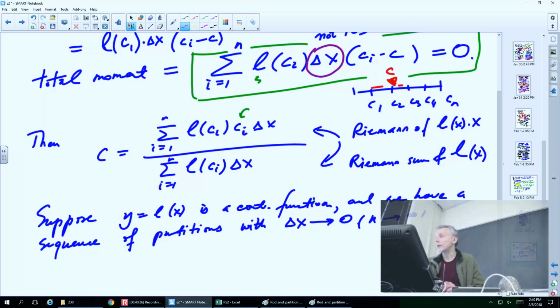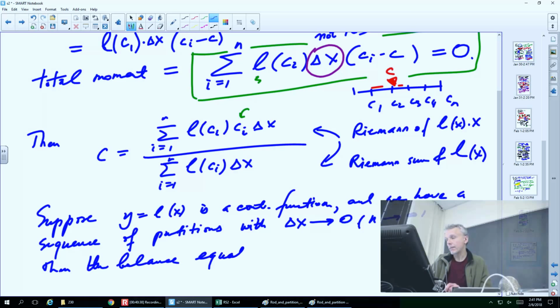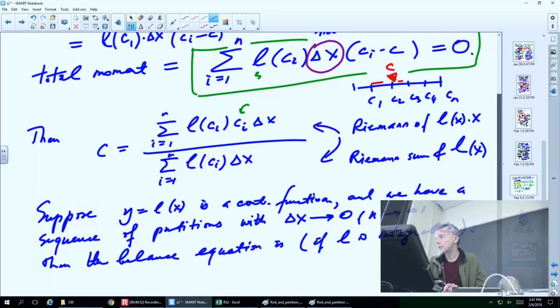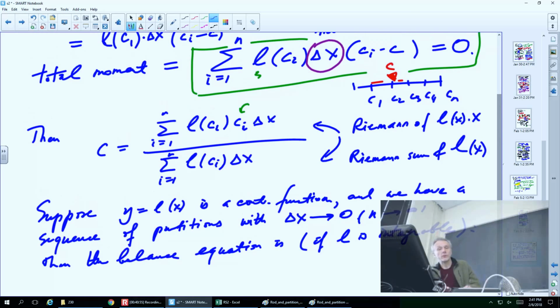So then, if f is integrable, the balance equation is certainly the same thing as it always was.